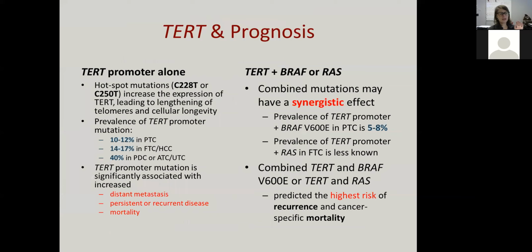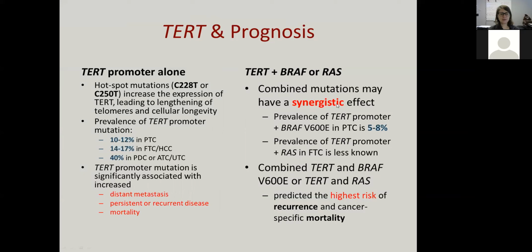As I said, TERT promoter mutation alone is thought to be associated with worse prognosis, and it's found in approximately this percentage of papillaries, folliculars, poorly differentiated, as you can see here. But combined with either BRAF or RAS, it's again thought to be synergistic and predict effectively the highest risk of recurrence and mortality compared to it being found in isolation.